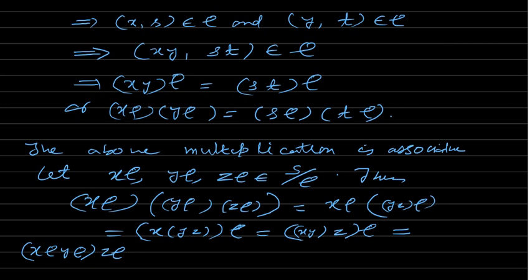Hence S over ρ is a semigroup, and we call it the quotient semigroup, or the semigroup factored by ρ.